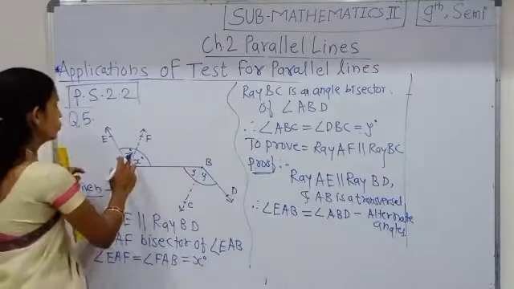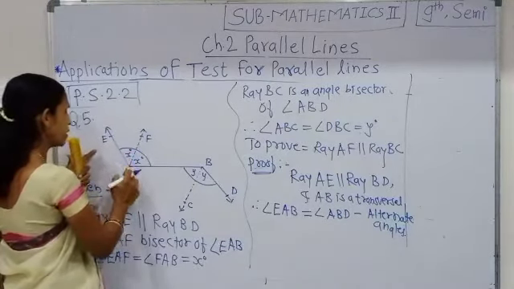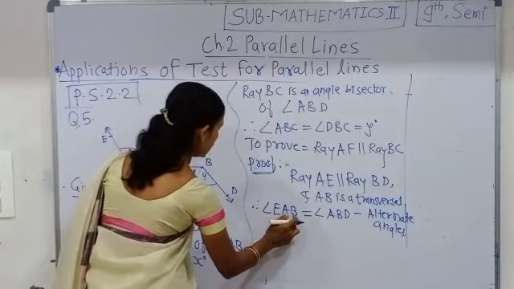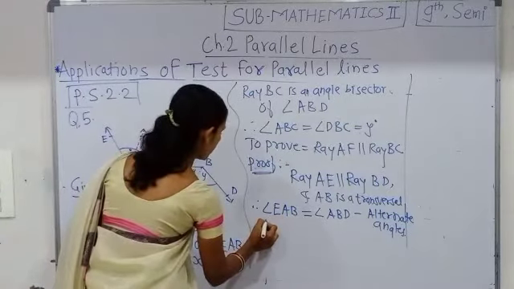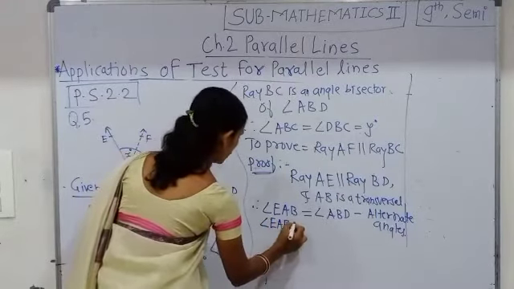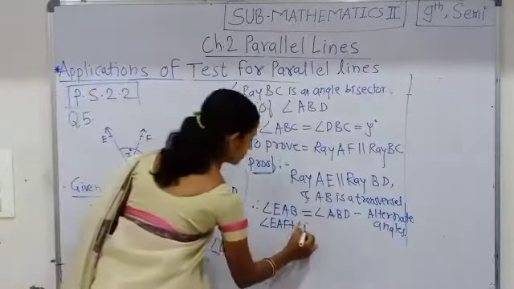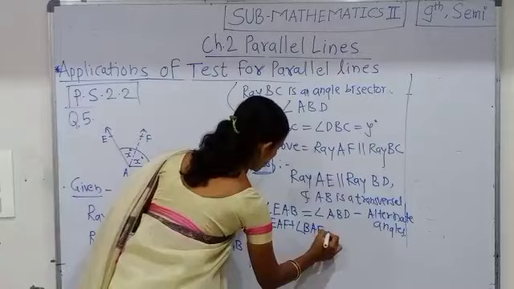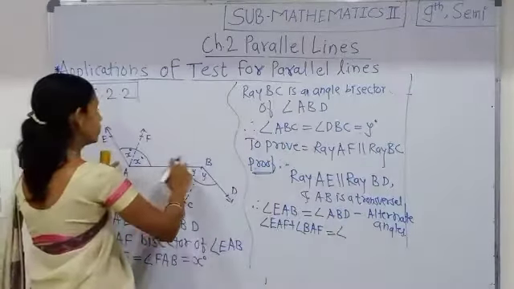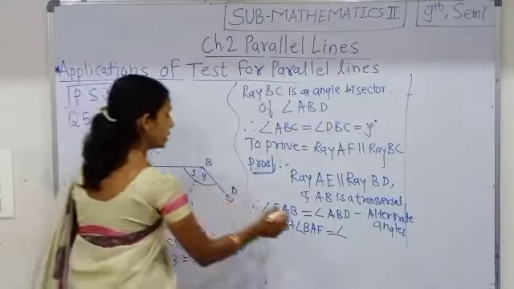Then see here, angle EAB is made up of two angles. That is, angle EAF plus angle BAF. And angle ABD is made up of two angles, angle ABC plus angle DBC.